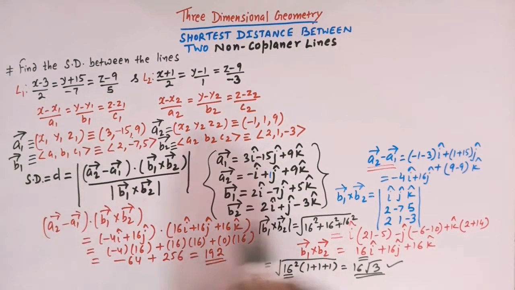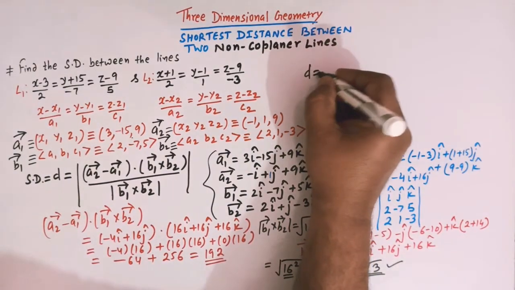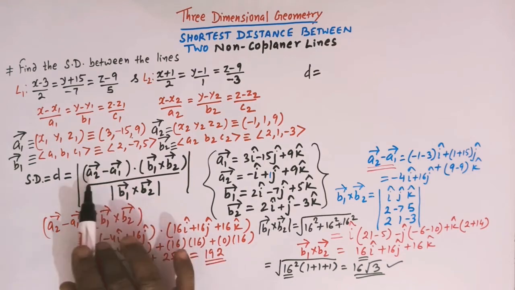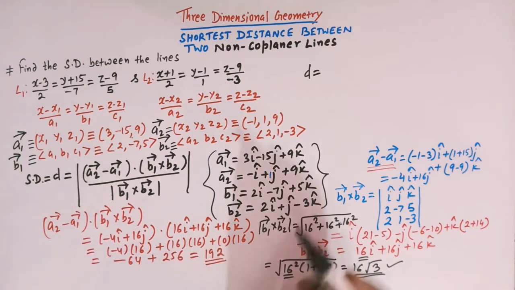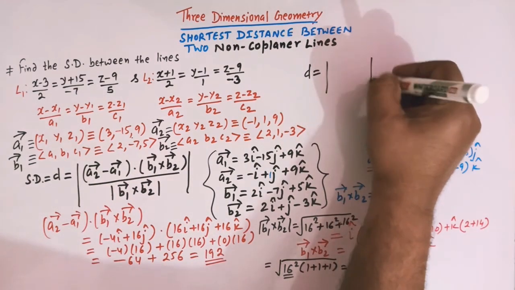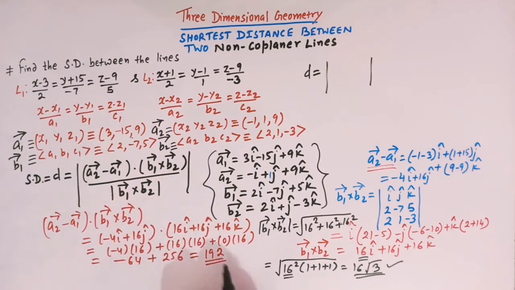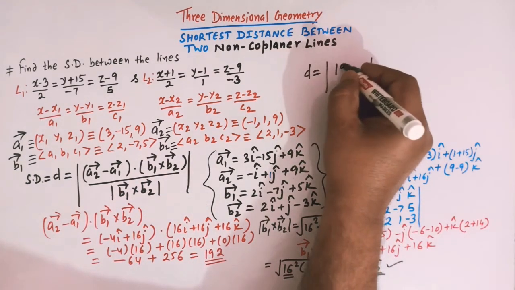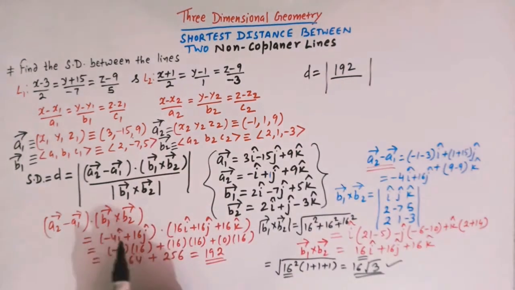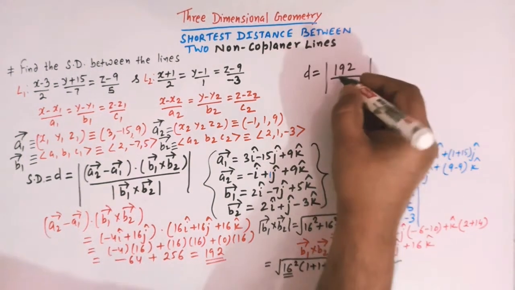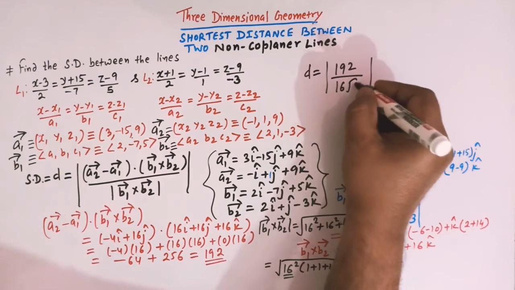Now the shortest distance between these two lines is given by this formula, so we substitute the values. The dot product of a2 minus a1 with b1 cross b2 is 192, and the magnitude of b1 cross b2 is 16 root 3.